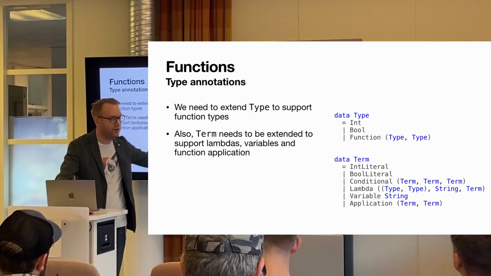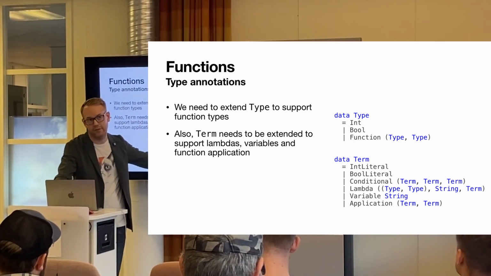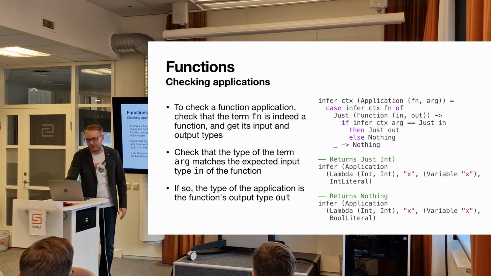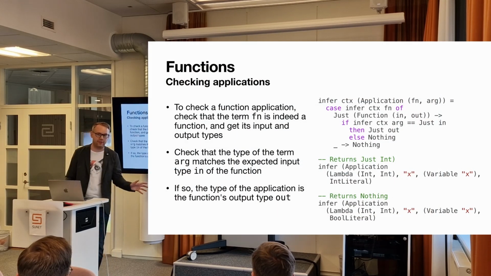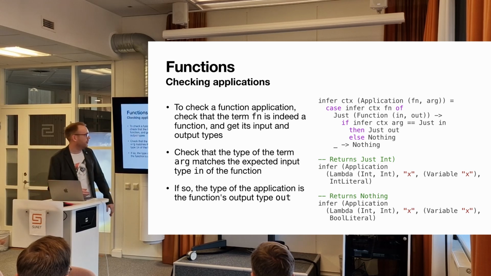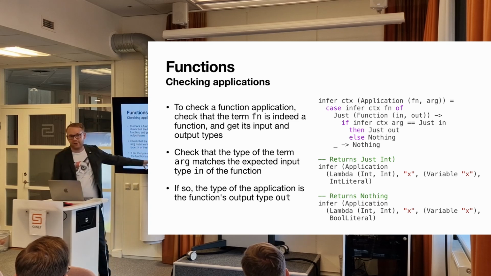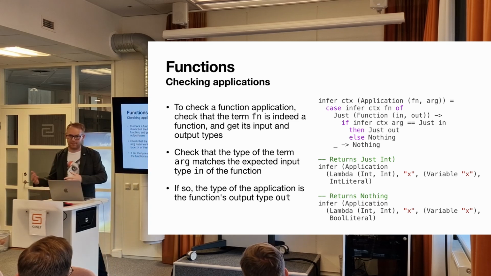You can think of the first one as the function and the second one as the argument. So to check application, the first thing we need to do is to make sure that the first term is indeed a function. So that's what happens here. We check that, okay, is it a function? Because only functions are valid in that application position.